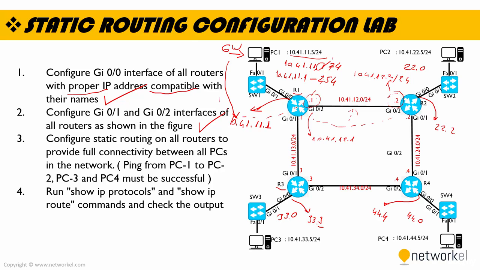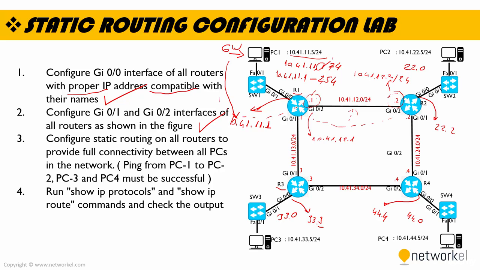The third step tells us to configure static routing on all routers to provide full connectivity between all PCs in the network. That's really the most important part of the lab. And first, we need to understand what's going on.